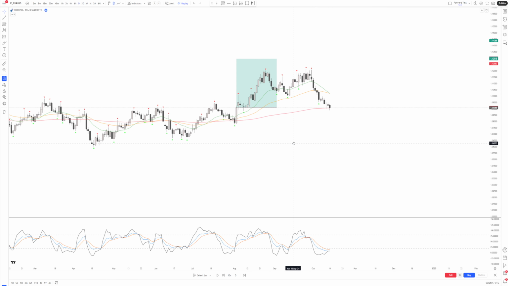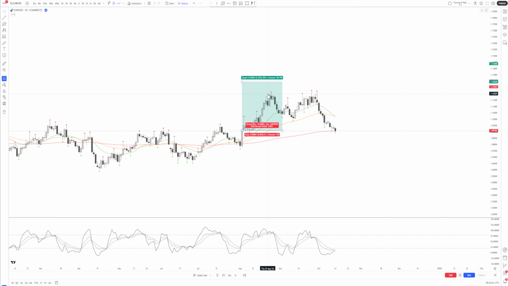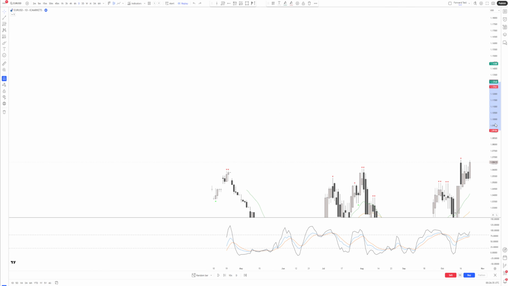Okay, and we would do vice versa, the same for the shorts as well. Because our risk to reward was 3R, we could have got this if it was 2R.